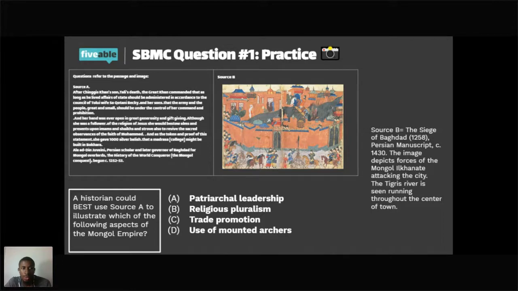Although she was a follower of the religion of Jesus, she would bestow alms and presents upon imams and sheikhs, and strive also to revive the sacred observations of the faith of Mohammed. And as the token and proof of this statement, she gave 10,000 silver balish that a madrasa might be built in Bukhara.